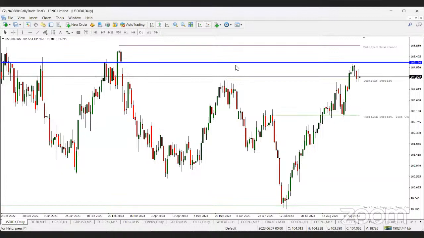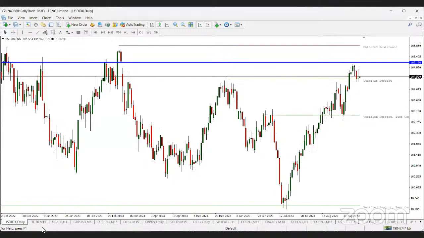So the dollar index is still on an uptrend, and if you are trading the dollar index as an instrument, the best thing to do is to buy when dollar gets to a support zone.